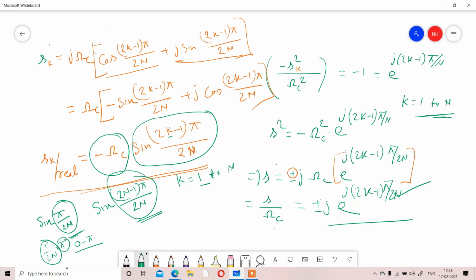Again, (2n minus 1) by 2n will also be less than 1, or for a very large value of n, that may be 1. If it is 1, then the angle is pi. So the range of the angle will never be more than pi, and it will remain within 0 to pi.